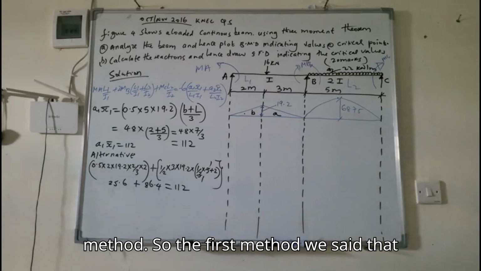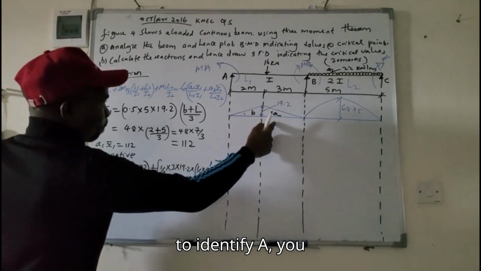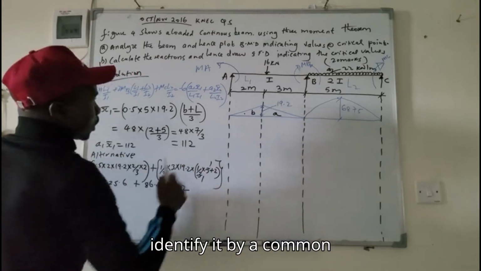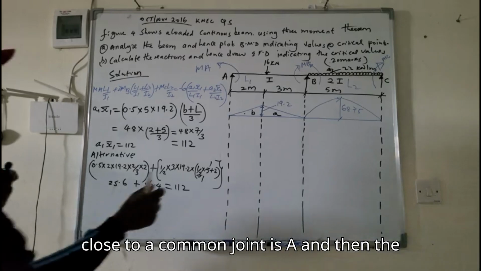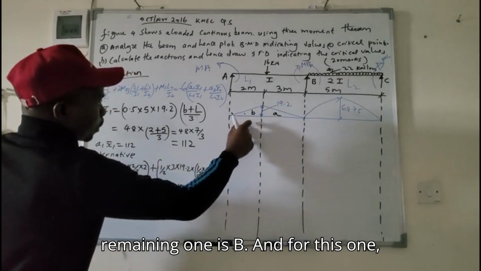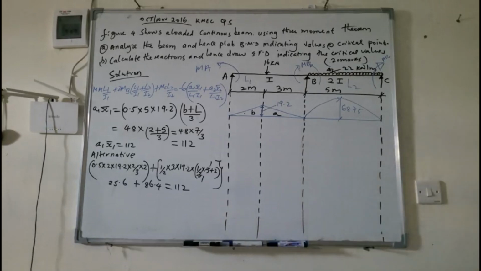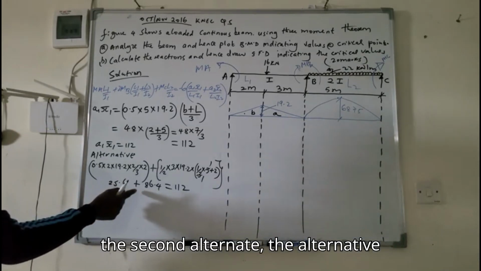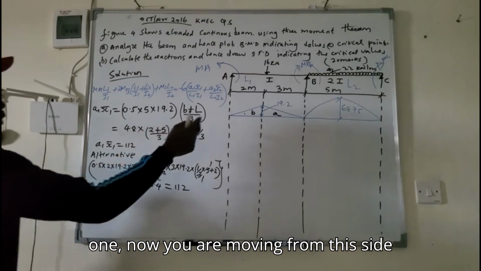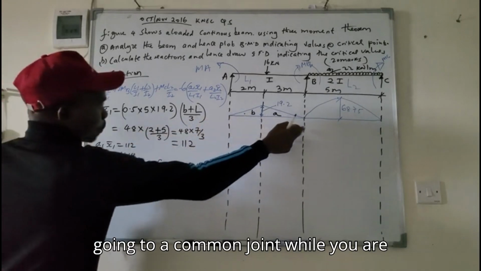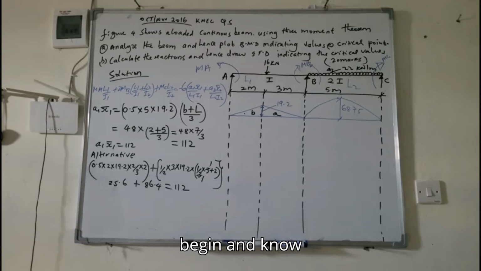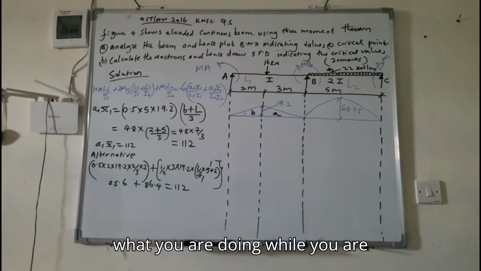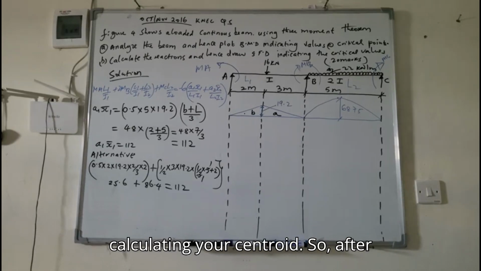In the first method, you identify A by the common joint: the section close to the common joint is A, and the remaining one is B. For the alternative, you are moving from this side going to the common joint while calculating the centroid. So be keen and know what you are doing while calculating your centroid.